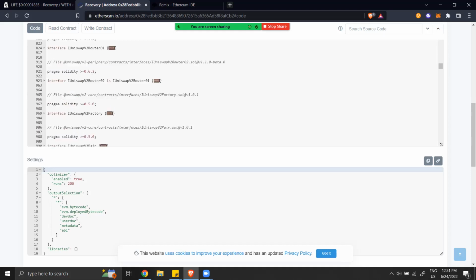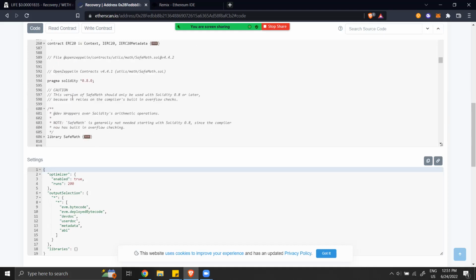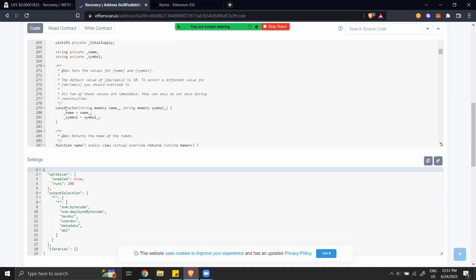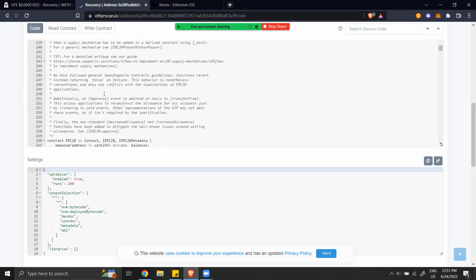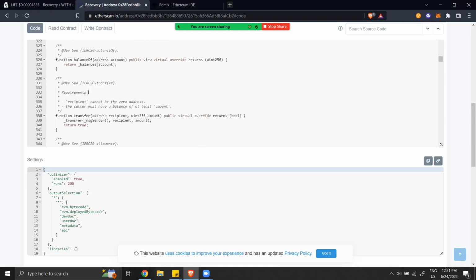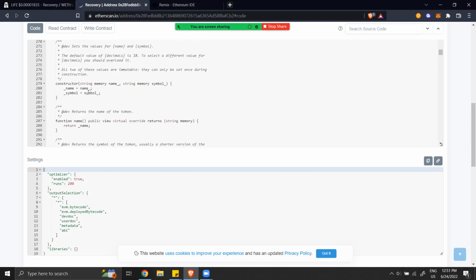What we've seen is that in the ERC20 contract, the hacker added a very strange behavior. So usually an ERC20 token should be transferable. It means that it has a transfer function.